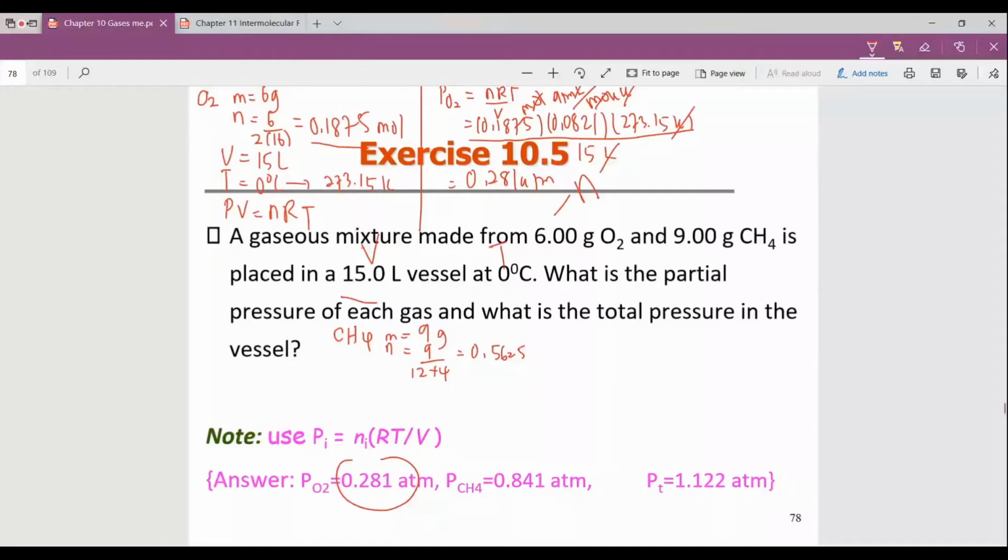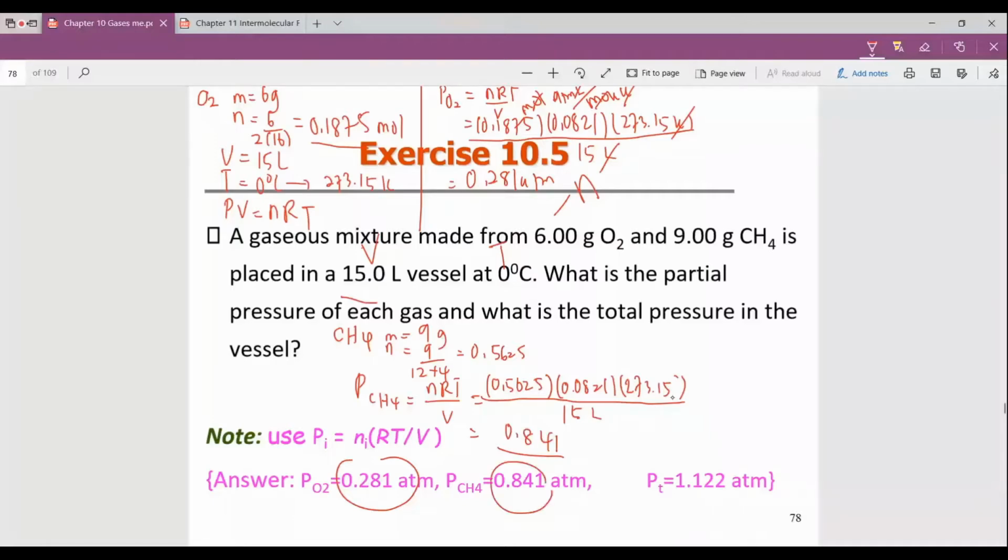For PCH4, same thing, you use PV equal to nRT, and nRT over V. Number of mole 0.5625 times 0.0821 times temperature 273.15 Kelvin, then divide by volume 15 liter. You get the answer, which is 0.841 atm.